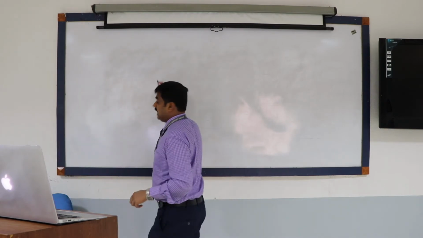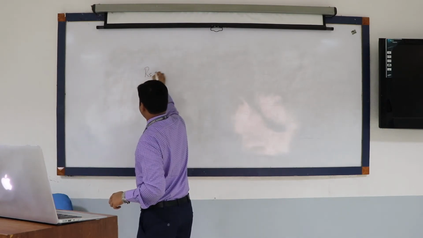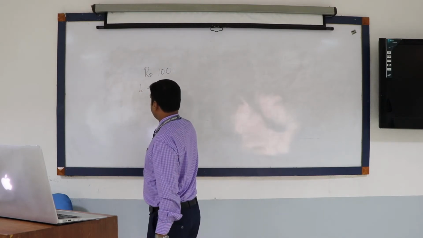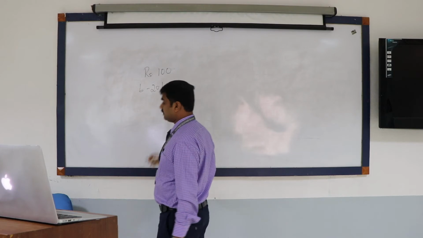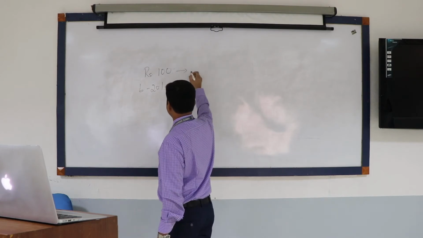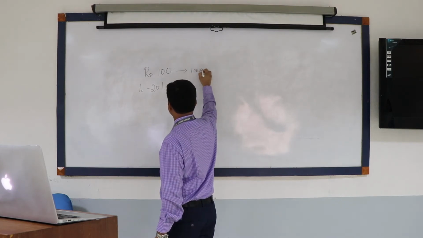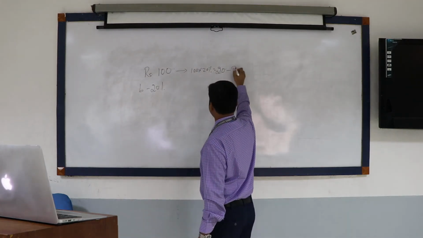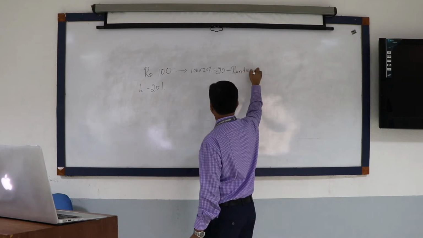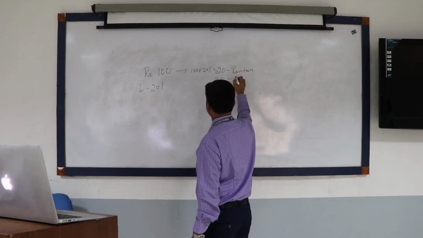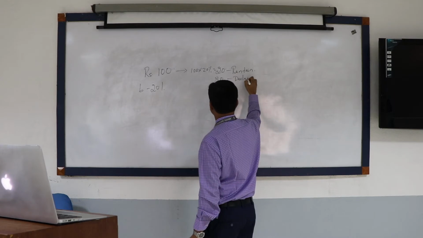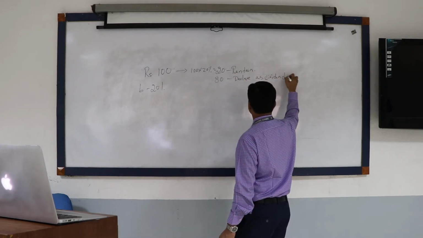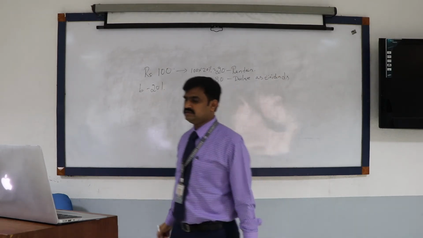For example, my earning is say 100 rupees. If my B is 20%, that means 100 into 20% is 20 rupees. This much I am going to retain, and the remaining 80 rupees I am going to declare as dividends to the shareholders.